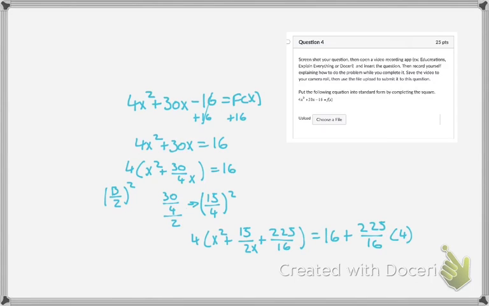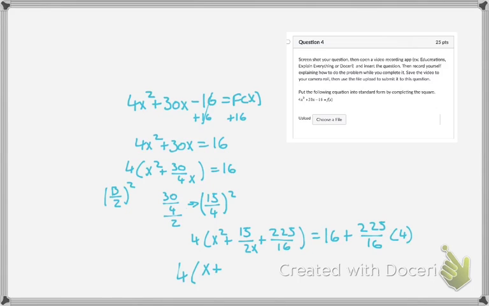Okay, so now that we've completed the square and multiplied by 4 on both sides, we're going to take our perfect square expression on the left side and factor it. So we can do x plus something.